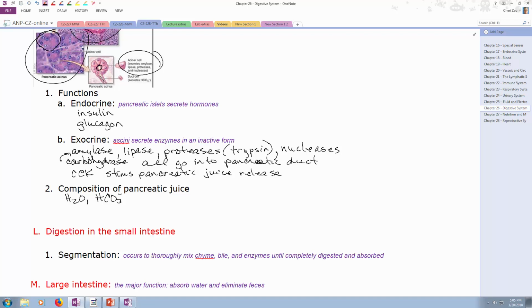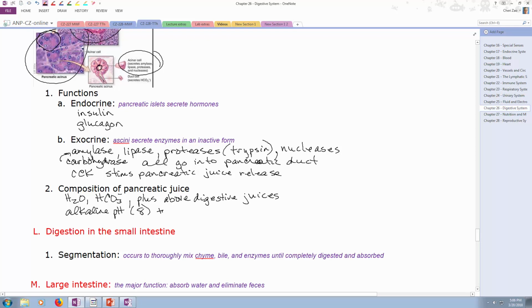So pancreatic juice itself is alkaline. Alkaline pH, it's approximately 8, by the way.